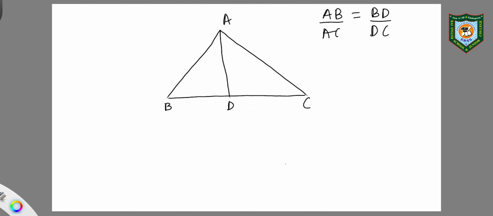So similarly, if AB is in my numerator, then the side adjacent to AB that is intersected by the angle bisector is going to be in the numerator. AB in the numerator, therefore BD in the numerator. If this is in the denominator, then this also comes in the denominator.